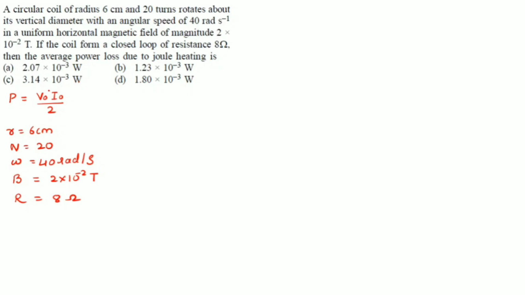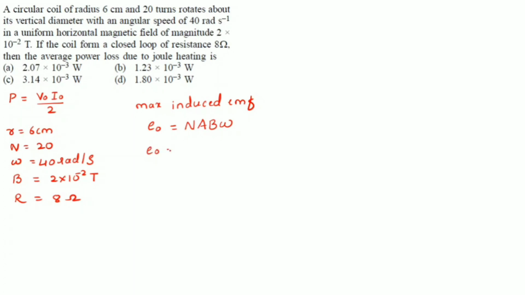So these are the givens. Let us find the maximum induced EMF. So we know that maximum induced EMF is denoted by E naught. We have the equation E naught equal to N A B omega. So this equation we can use to calculate E naught.